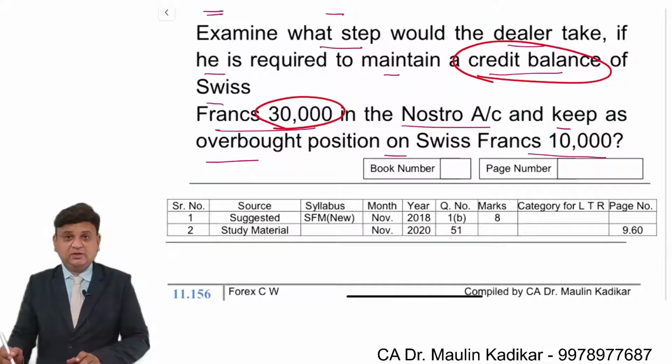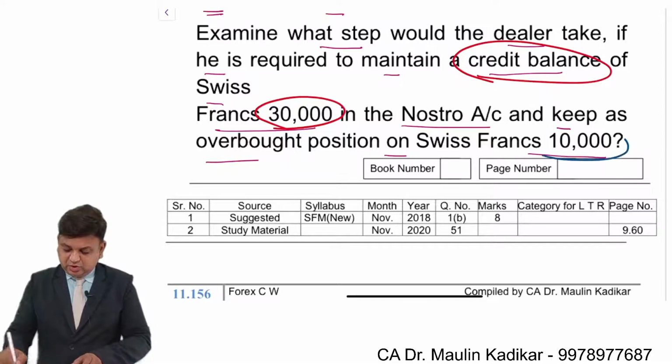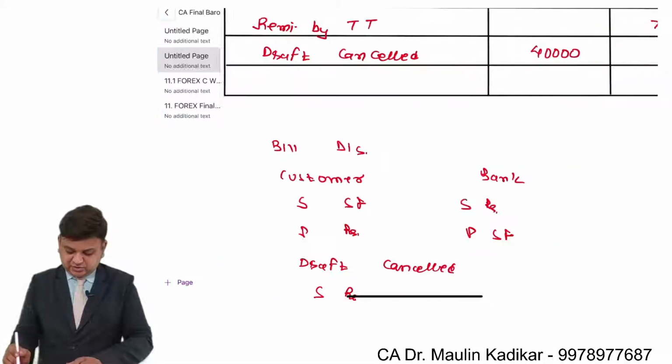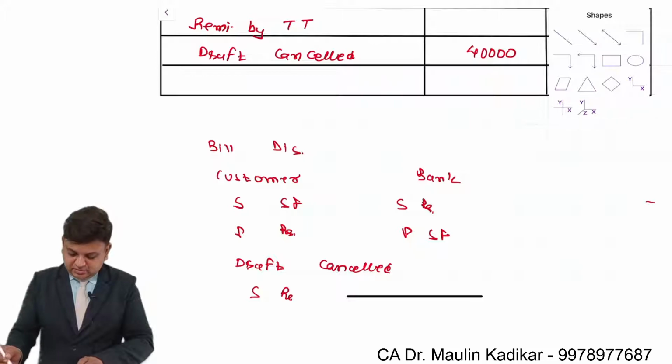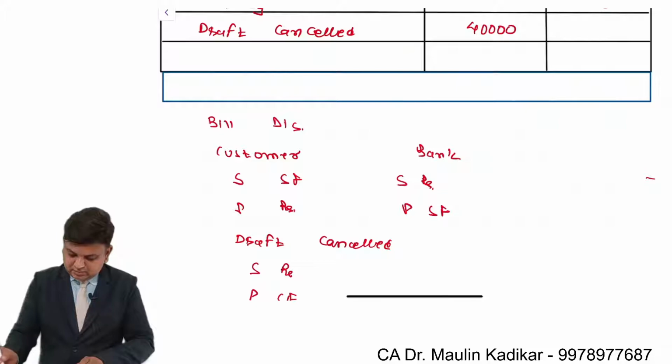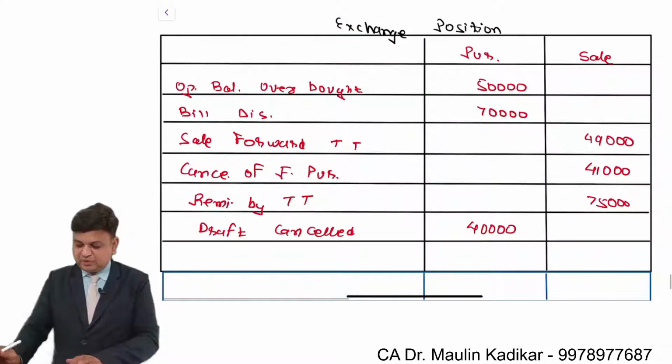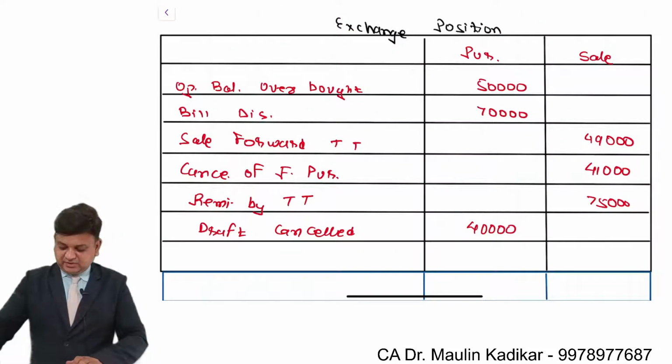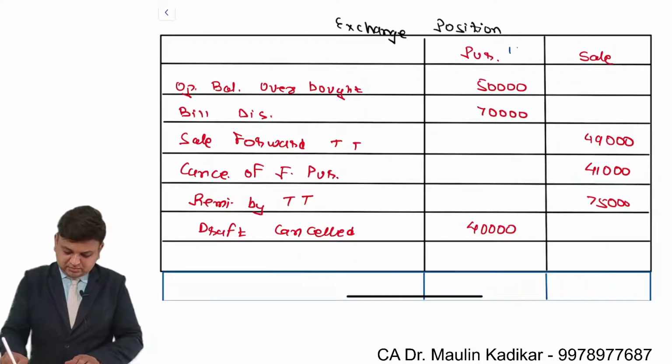Now as far as the exchange position is concerned, you want to have an overbought position of 5,000. Kindly use a calculator. 50,000 plus 70,000 plus 40,000 comes to 1,60,000. 49 plus 41 plus 75 is 165.